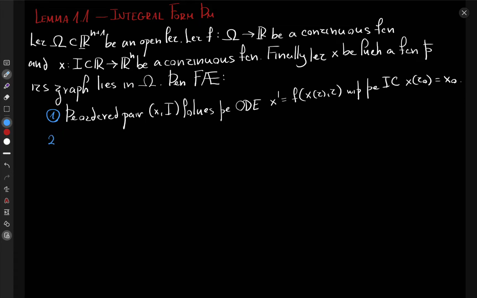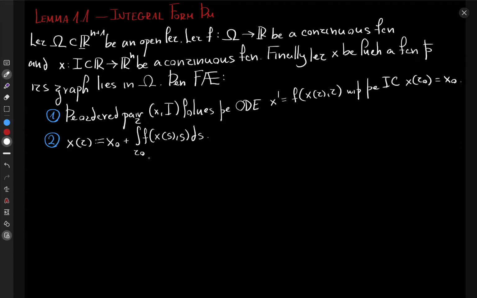And this is equivalent to saying that x of t is defined as x0 plus the integral from t0 to t. Mind you, t is a variable here, so it's an integral with a variable upper bound of f of x of some variable s ds.